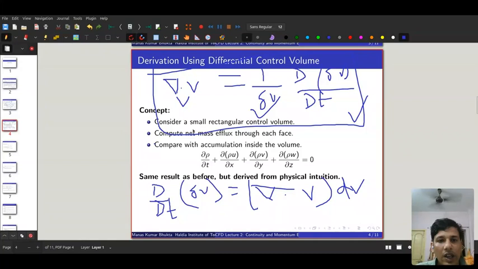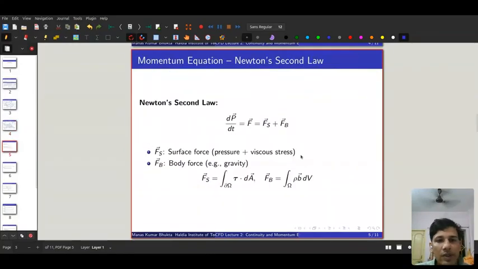Now here you see how you will get that equation. So this is the continuity equation. How we will get this, we will derive from that concept. Next, going to the next slide, we will now derive the momentum equations.